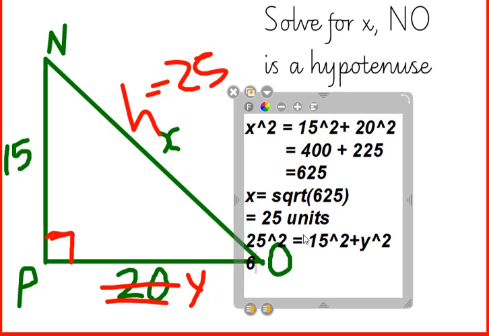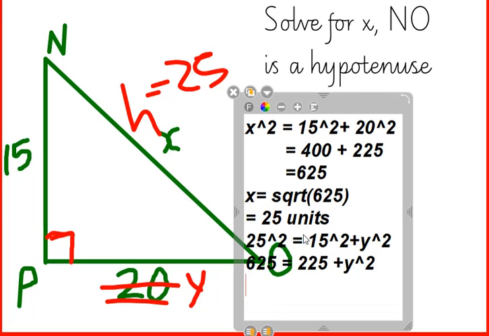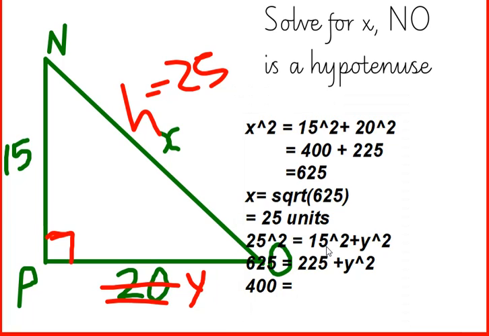If you use your calculator, you get 625. 15 squared is 225. And our y squared remains y squared because that's our unknown. If we want to make y squared stay on our right, we say 625 minus 225 and we get 400. So 400 is equal to y squared.